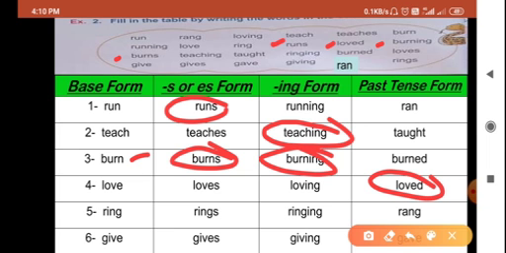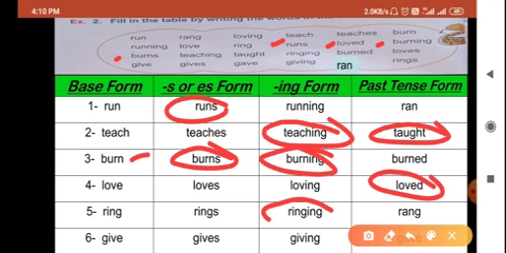Next is taught. In the previous slide, I told you this example, students: the past tense form of teach is taught. Next is ringing. Ringing, the ing form of ring.